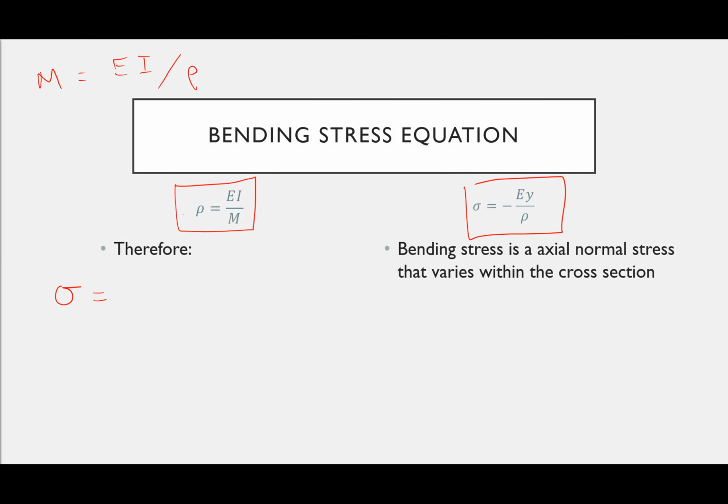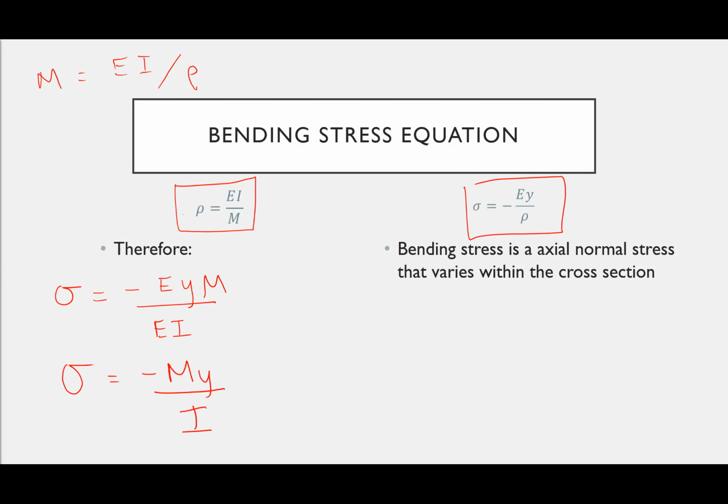Let's say stress equals negative Ey over rho. For rho, I'm going to plug in EI over M. So stress is now equal to negative My over I. Sometimes referred to as the most narcissistic equation in this class.